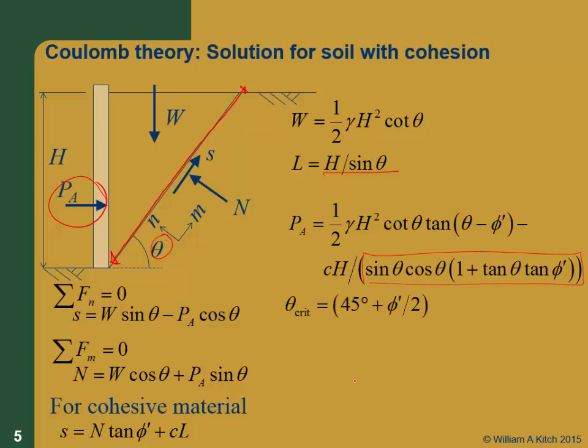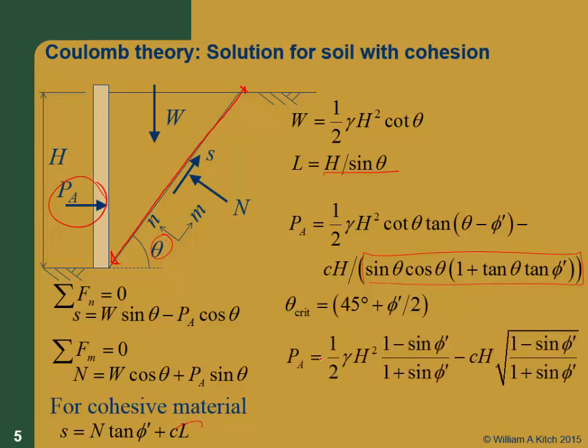And if I, again, do the differentiation, I'm going to get the same critical angle because C is not a function of anything. That's just a constant, right? The C term is a constant. It's not a function of theta. And I'm going to get this equation for the active earth pressure, which should look familiar again.